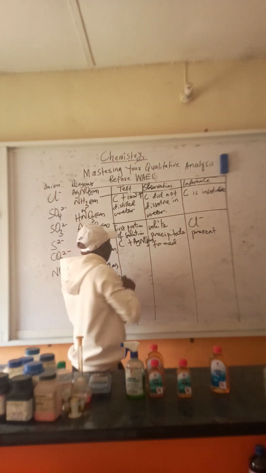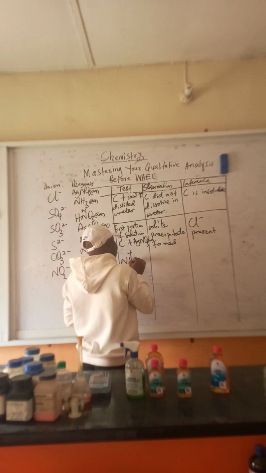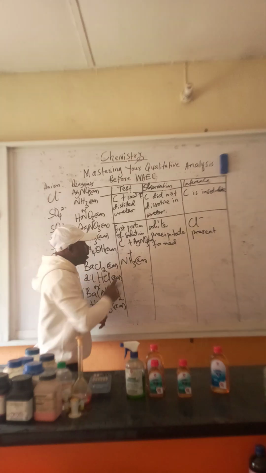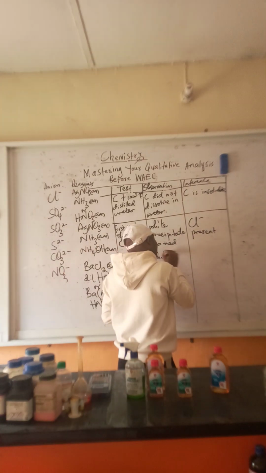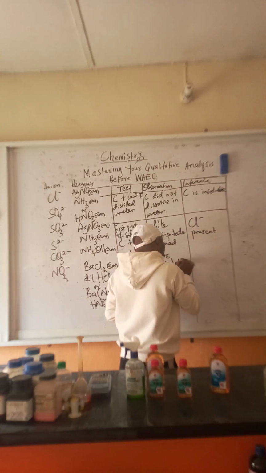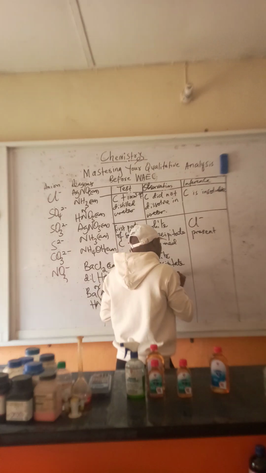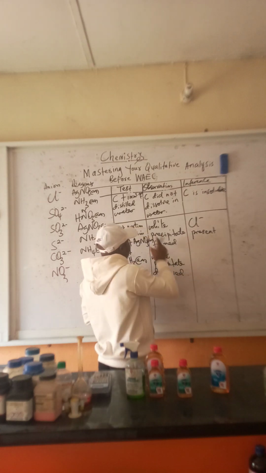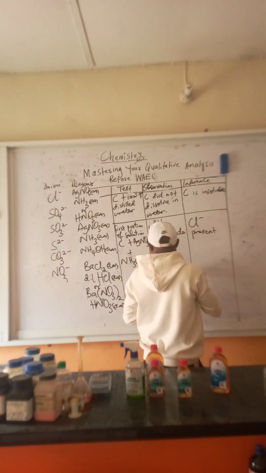But if you add aqueous ammonia, then if the white precipitate which was formed dissolves in aqueous ammonia, it means that's a confirmatory test for chloride ion.